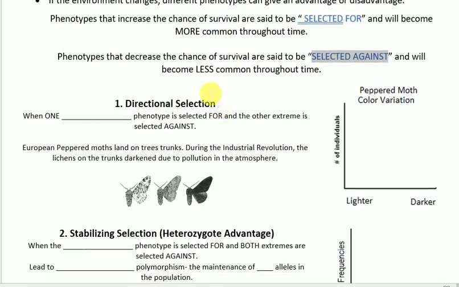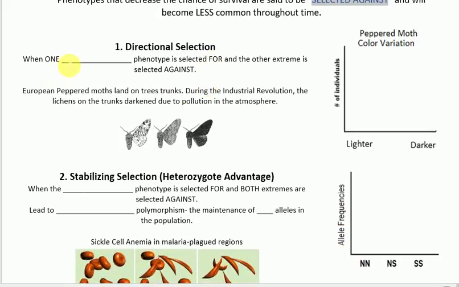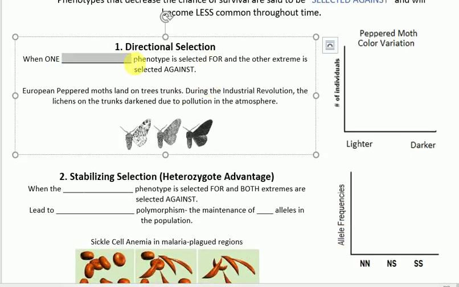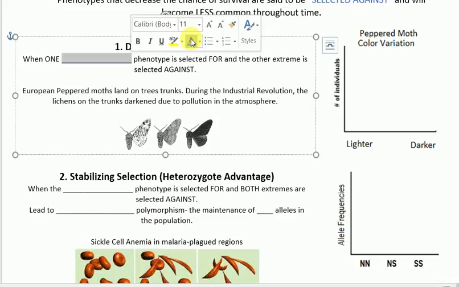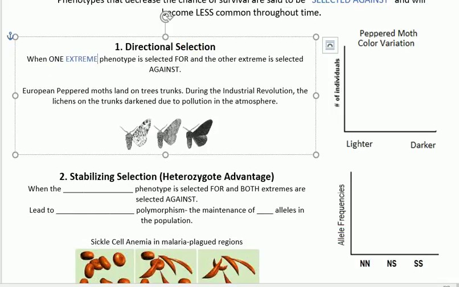So directional selection is when one extreme phenotype is selected for and the other extreme is selected against. So for example, the European peppered moth, they landed on the trunks of the trees.